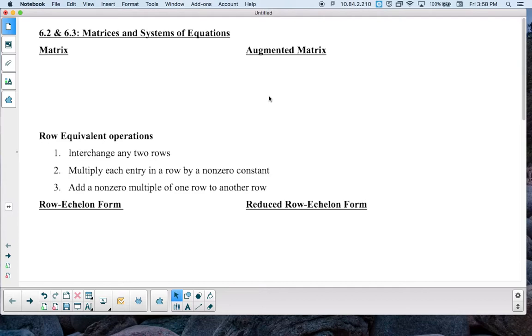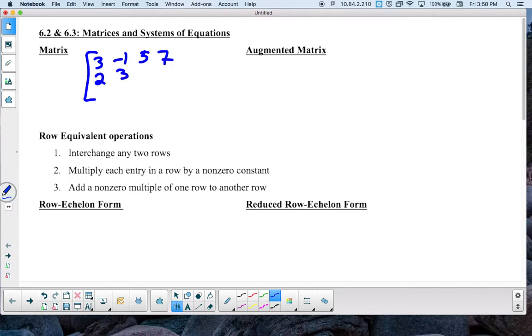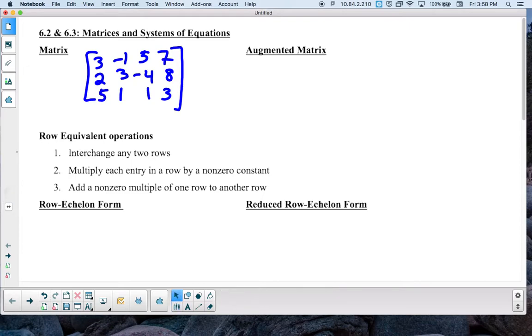So a matrix is something filled with numbers. So we have like 3, -1, 5, 7, 2, 3, -4, 8, 5, 1, 1, 3. So it's a set of numbers, and they usually represent something, but we can also just work with matrices on their own. And they are defined by their columns and the rows.